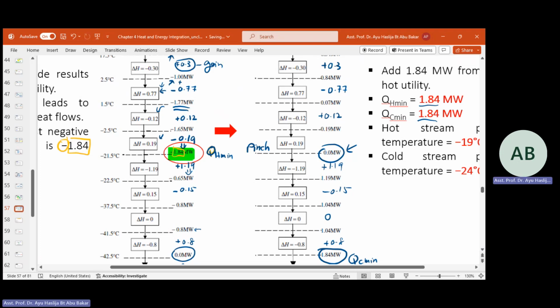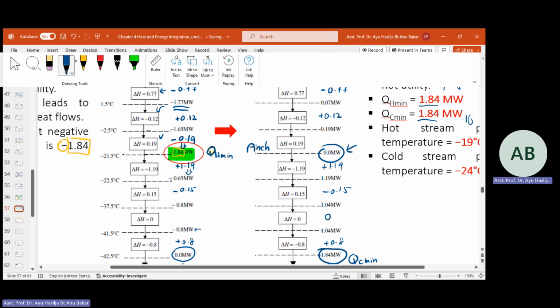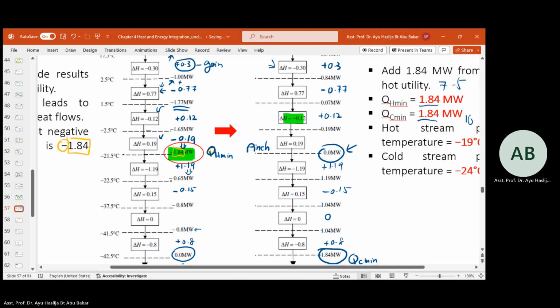The previous example, QH min is 7.5, QC min is 10. It's all based on your delta H, the delta H for each interval in the boxes over here.